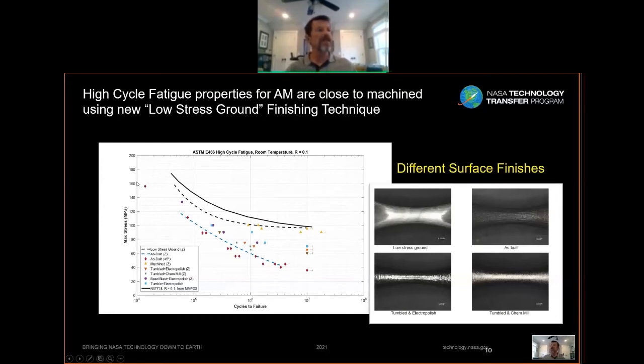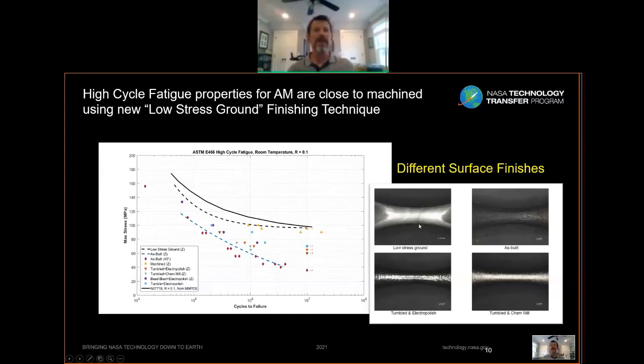This is what's called the SN curve, where it measures the maximum stress for a number of cycles. And it's the standard method for measuring high cycle fatigue capability. This solid line is the as-machined capability. This dashed line is a new finishing technique called low stress ground.